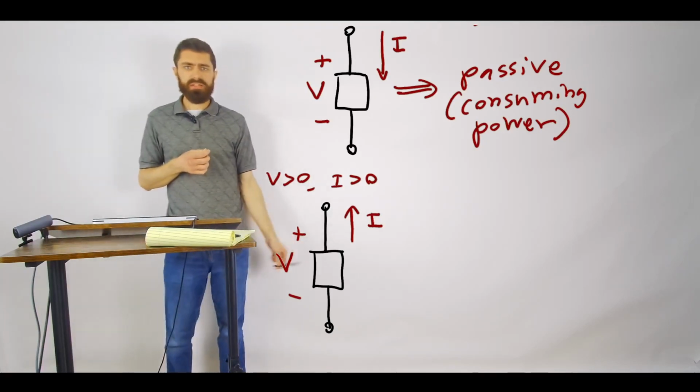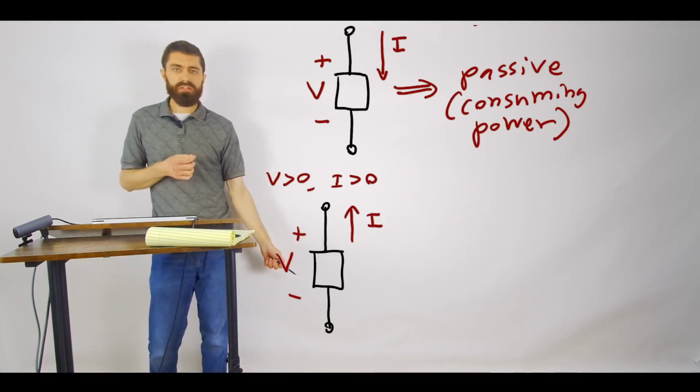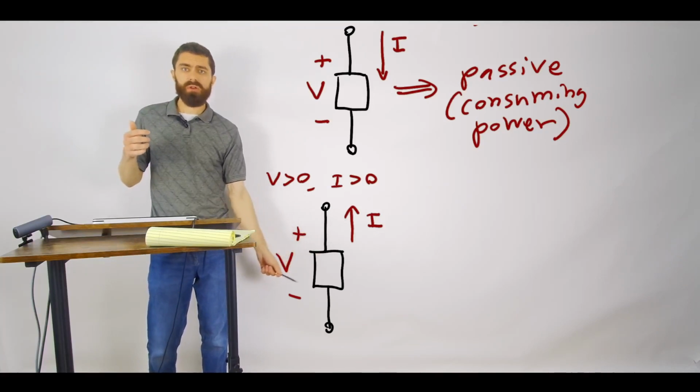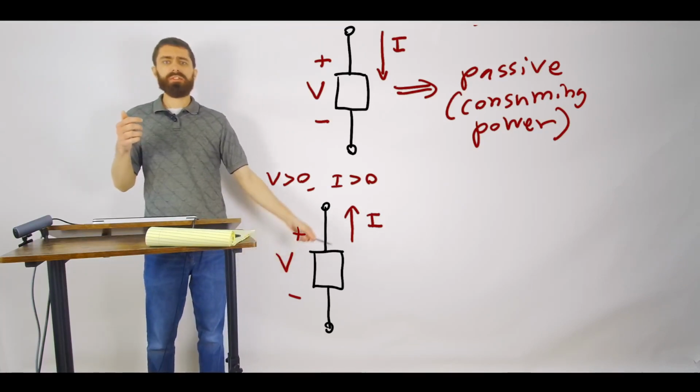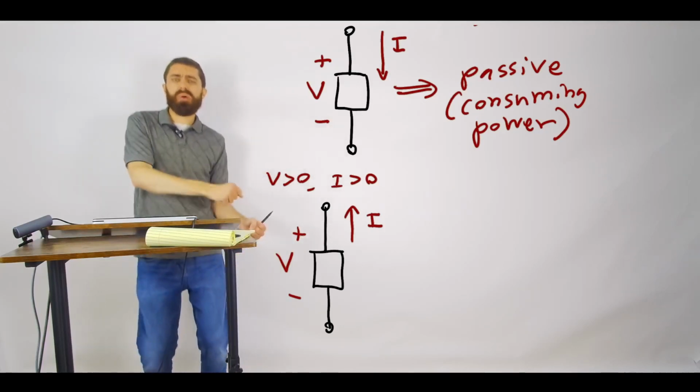Well, basically the way we've drawn this, here we have current, we have electrical charges, or we have water in our water analogy, going from the lower tank to the upper tank. So now energy is being pumped up.